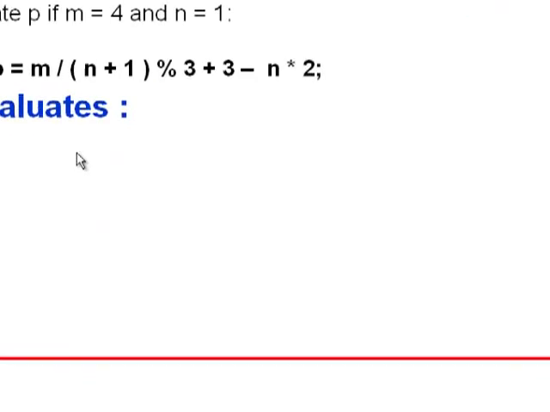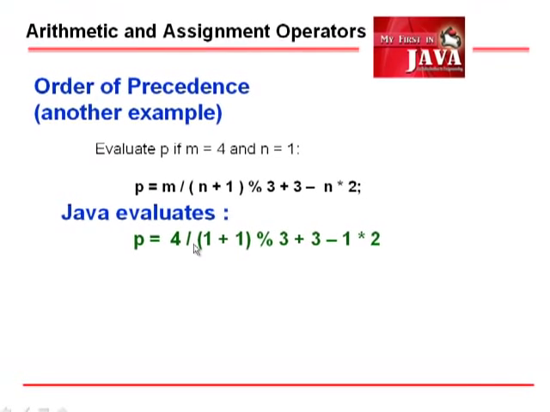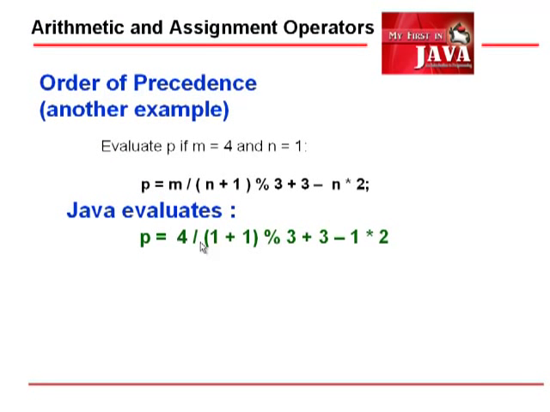When Java evaluates, P would be equal to, when we substitute, 4 divided by parentheses 1 plus 1 modulus of 3 plus 3 minus 1 multiplied by 2.